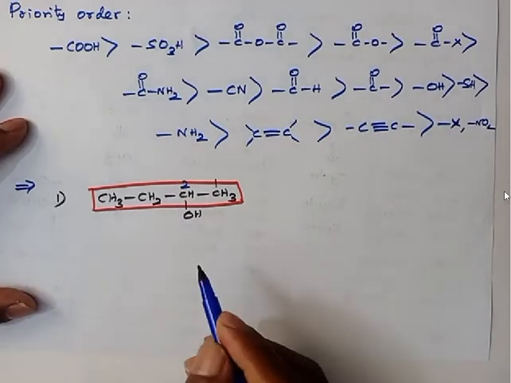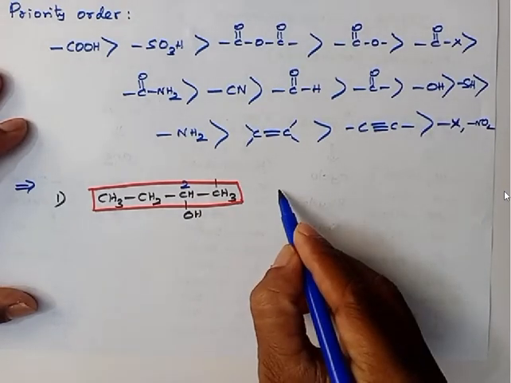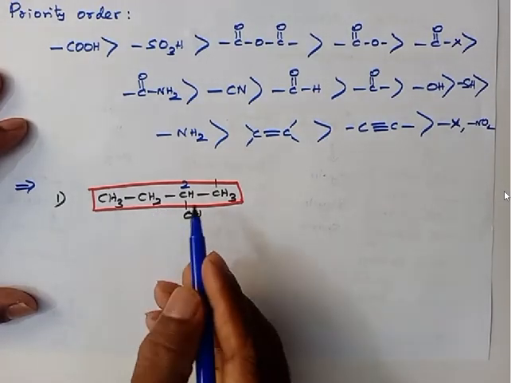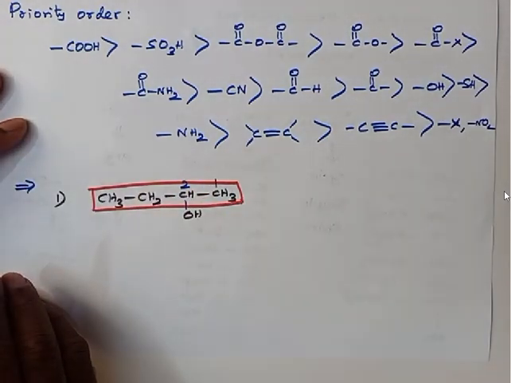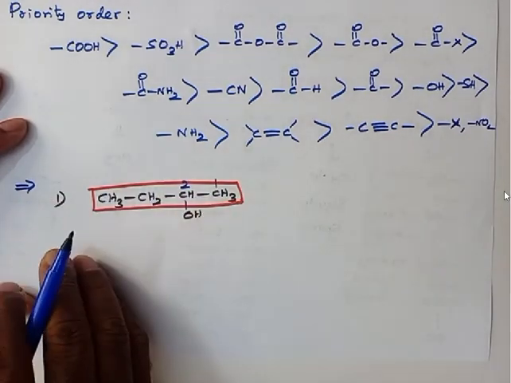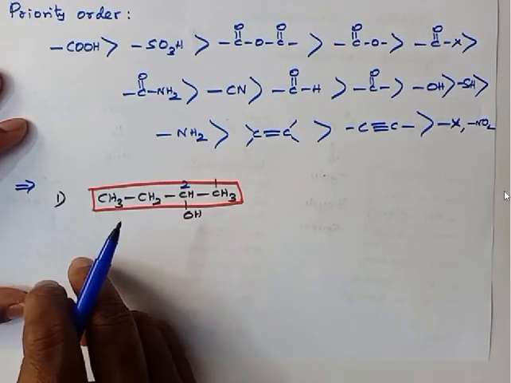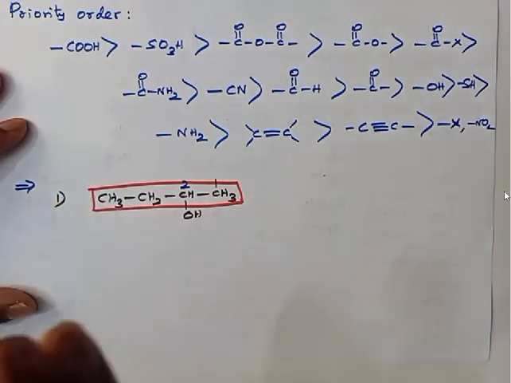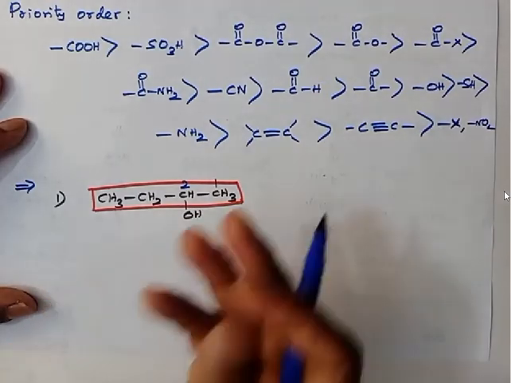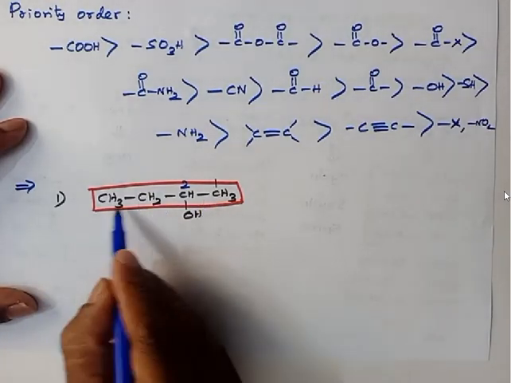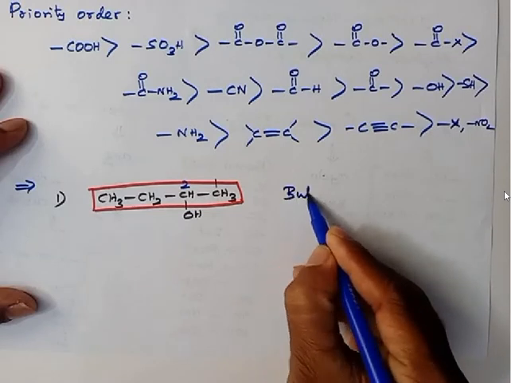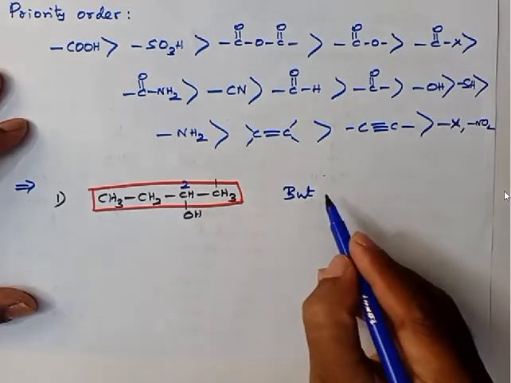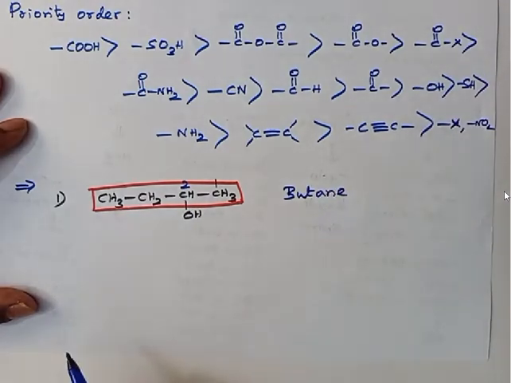So what is the name of this compound? The OH group is treated as the functional group. There is no secondary prefix here, there are no other substituents, and there are no cyclic rings. So there is no secondary prefix and no primary prefix, and we go directly to the root word. We have totally 4 carbons, so the root word is but. Between the carbons we have only single bonds, therefore ane: butane.